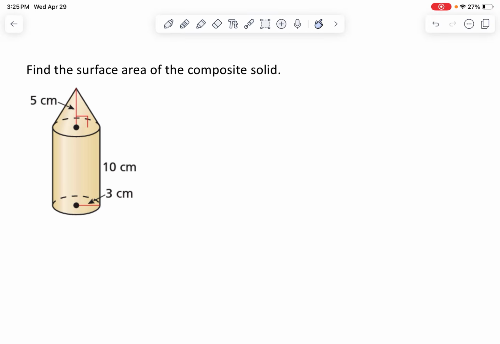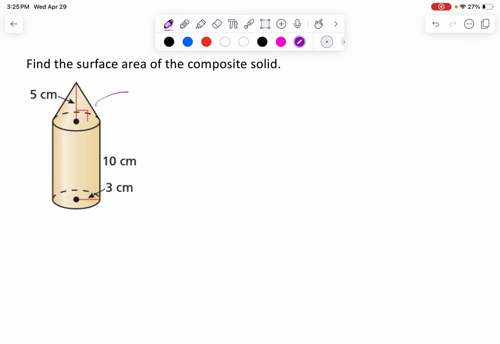Okay, so what do we have? We have a cylinder on the top, right? Or I mean on the bottom, and we have a cone. This is a cone, right? And this one, cylinder.